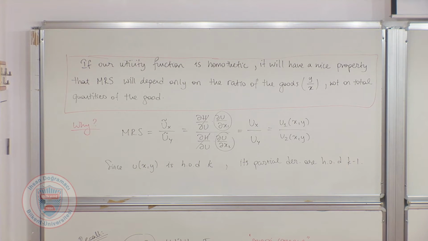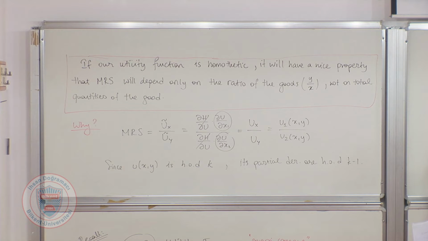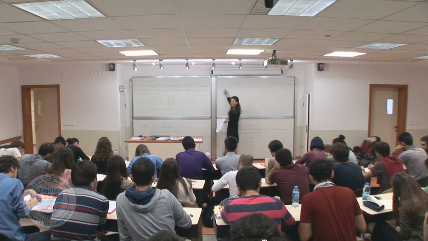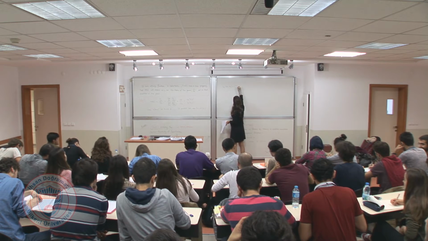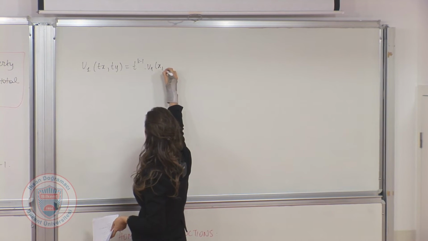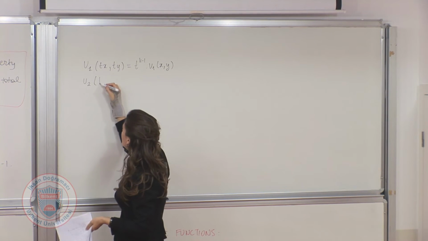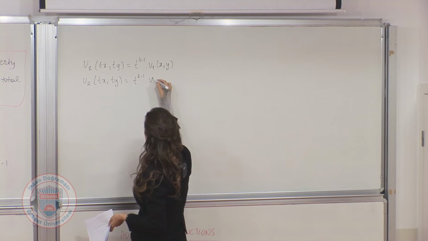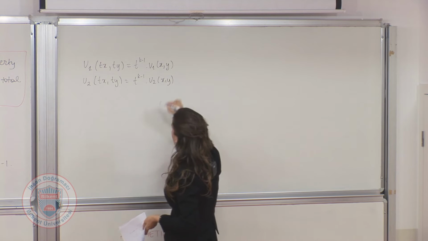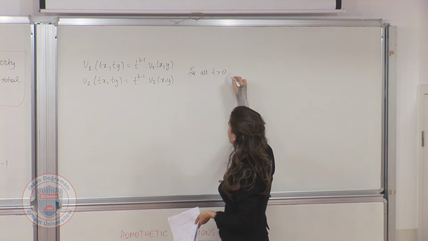Which means that u1, when I multiply all the arguments by t inside u1, this t pops out as t to the power k minus 1 times u1(x,y). And this is true for all the partial derivatives, so for u2 it is t to the power k minus 1 times u2(x,y), for all t greater than 0.